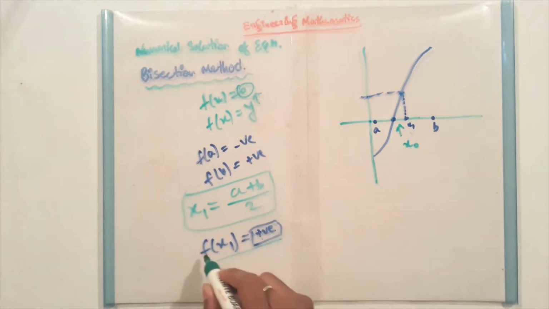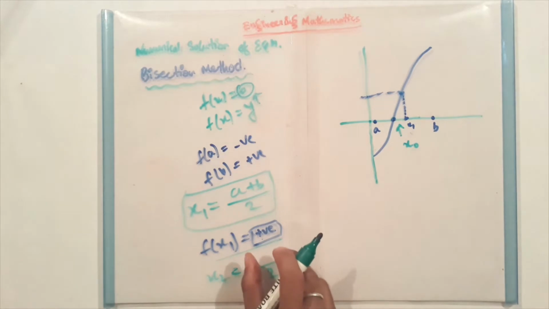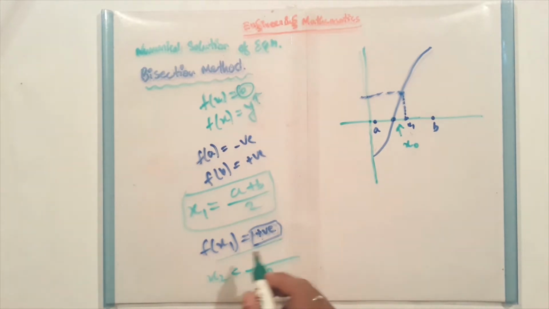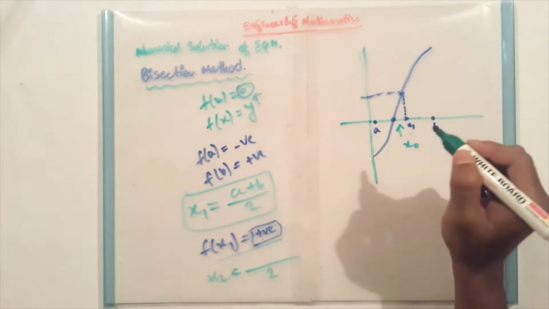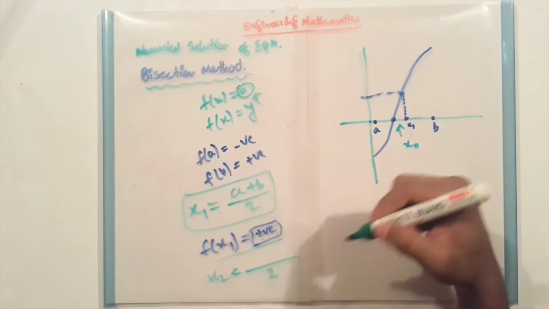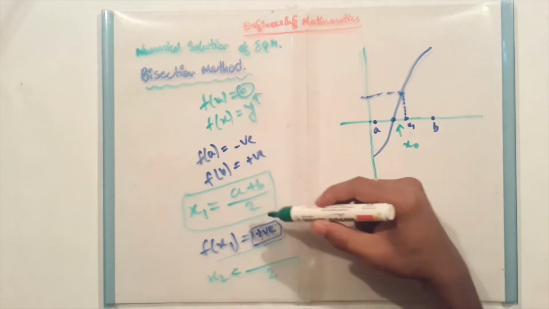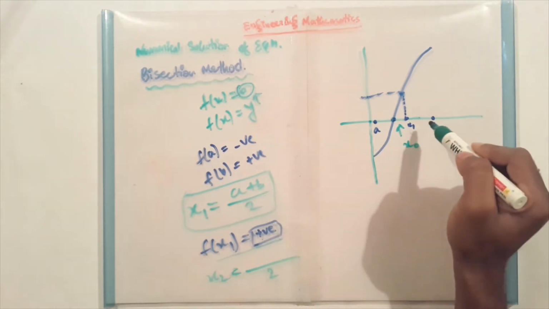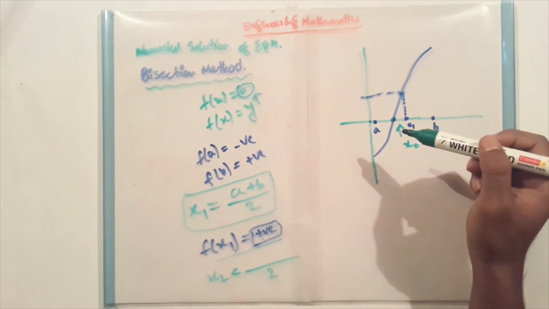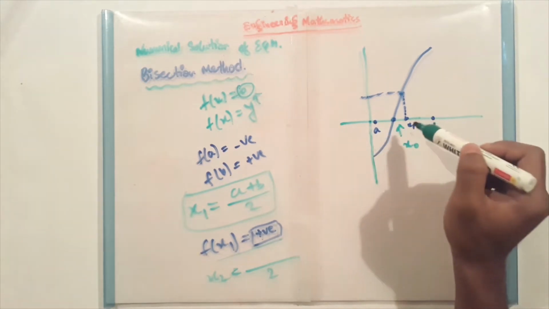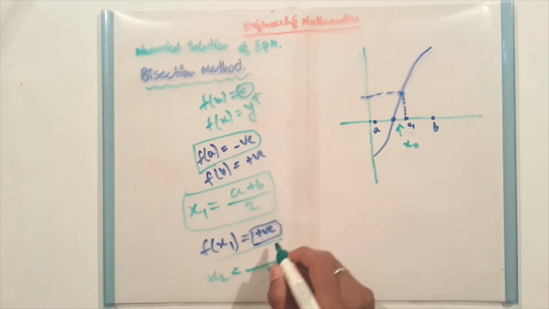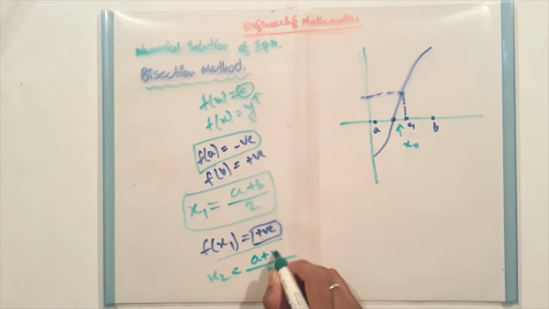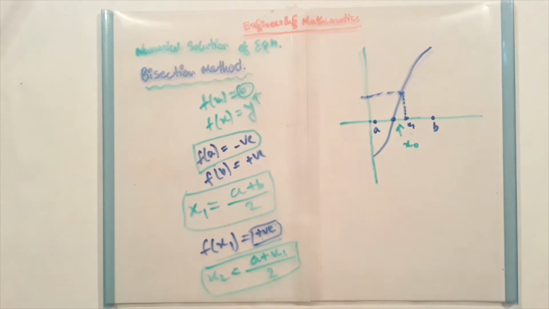As f(x1) is positive, we need another value, either a or b, so that we can take the average. We see which of f(a) or f(b) is negative. We can see that f(a) is negative, so we take a for the calculation of the next approximation: (a + x1) divided by 2. So this is the second approximation.